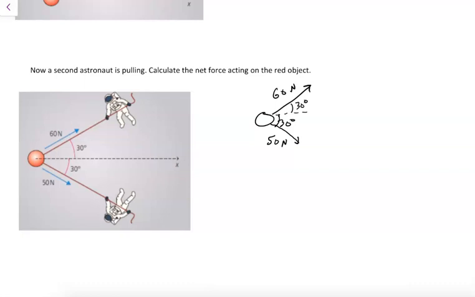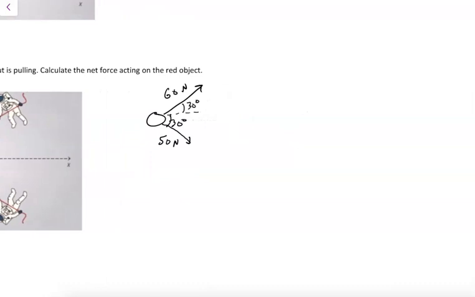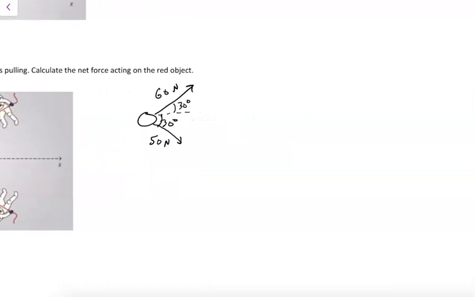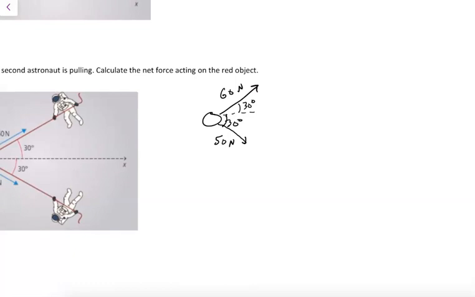And those two are acting in different directions, not perpendicular to each other, and it's hard for us to determine a net force unless we find forces acting in a similar direction, such as in the horizontal direction or in the vertical direction. So we need to break this up into two force values and find the horizontal for each and the vertical for each, and then add those together.